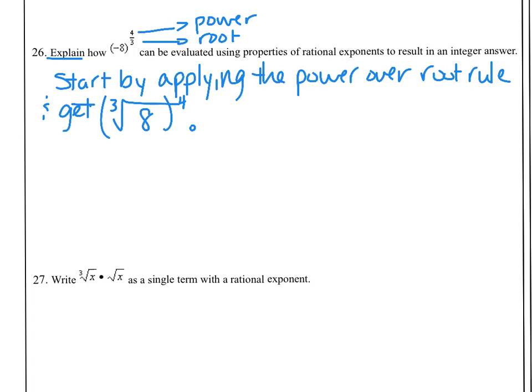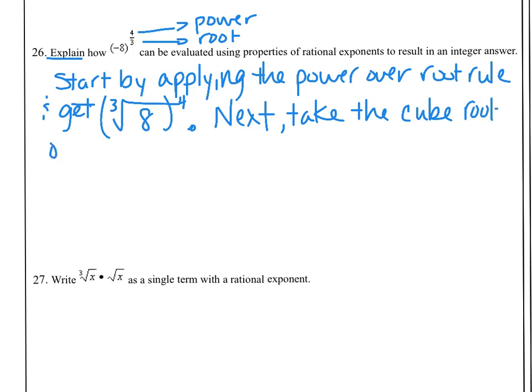Okay? All right, next, I would take the cube root of 8. So next, take the cube root of 8 and get 2. So you're going to have 2 to the 4th power.